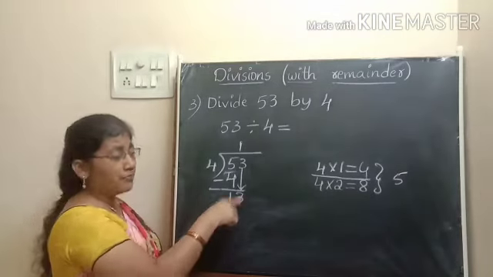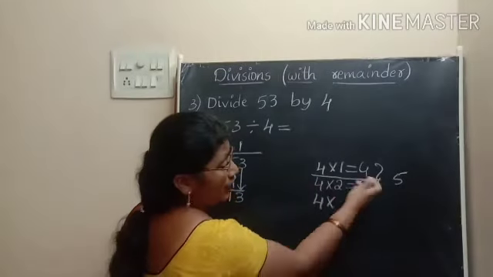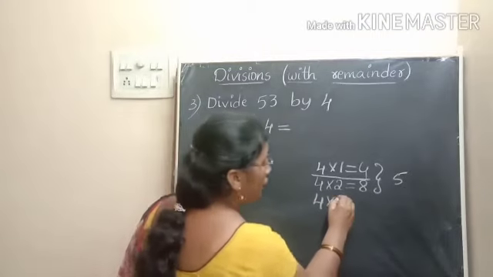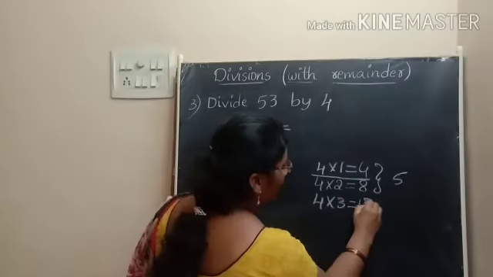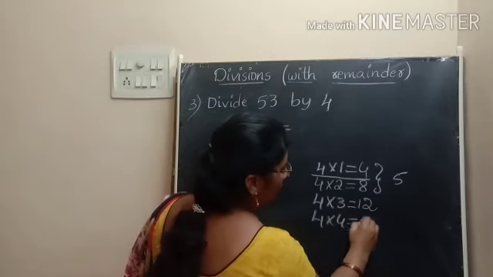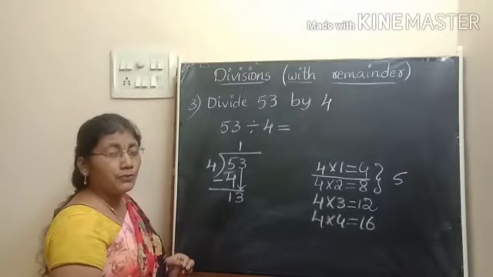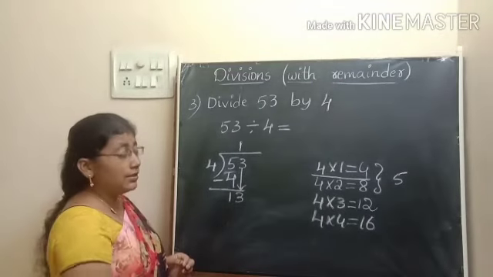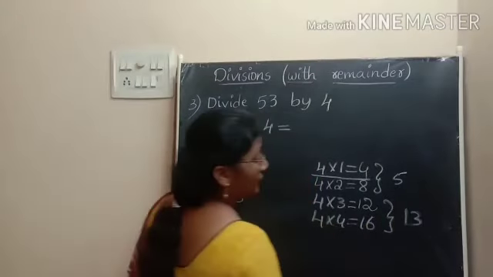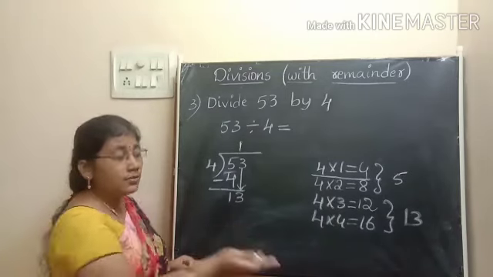Understood, children? Now, next step. Already we know 4 ones are 4, 4 twos are 8. This is not sufficient. So 4 threes are 12. 4 fours are 16. But we need only 13. 13 is in between 12 and 16. So we should take the before number.